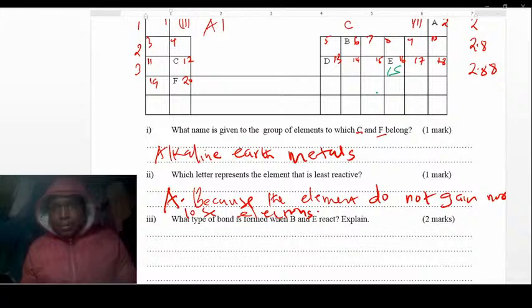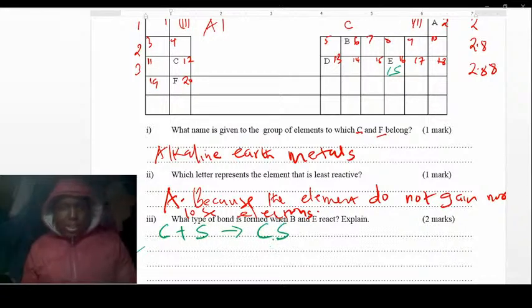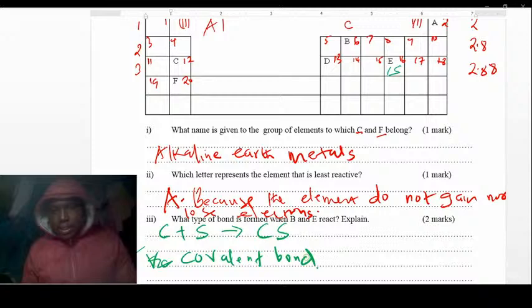So it is a reaction between carbon and sulfur. Both of them are nonmetals, so it's going to form CS. So what bond is between them? Both of them are nonmetals, therefore they are going to form a covalent bond.